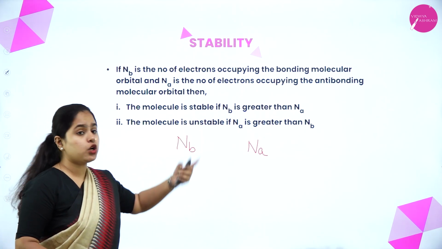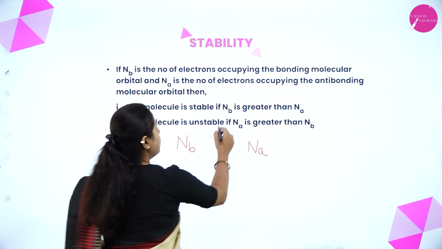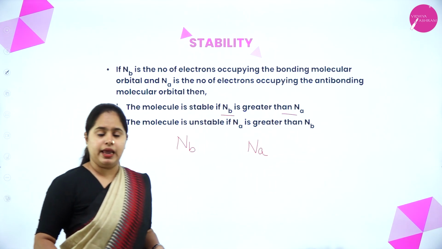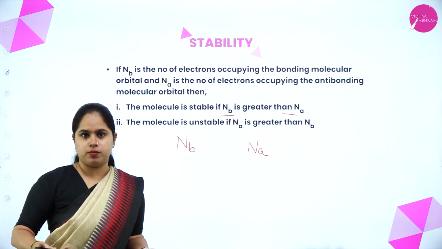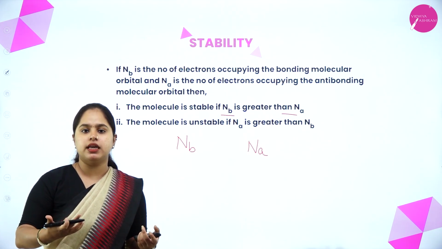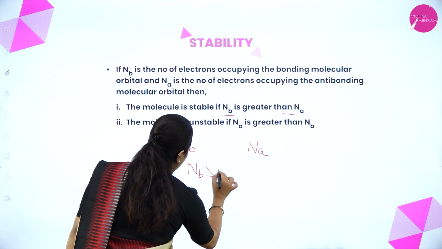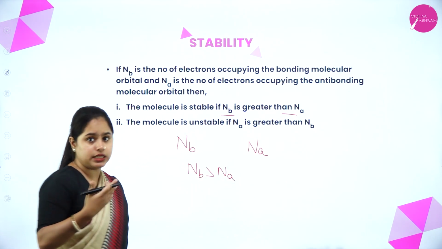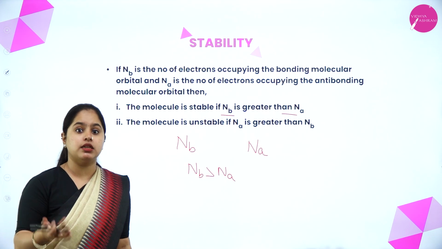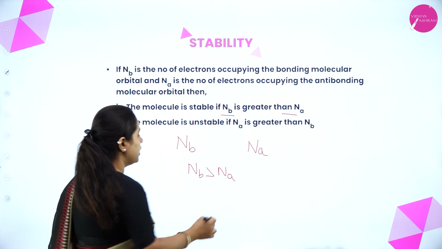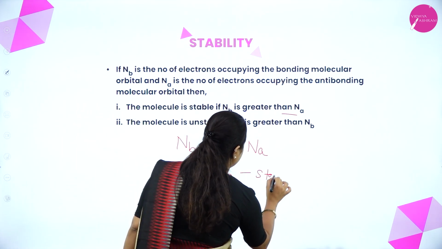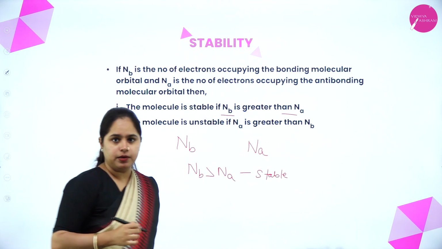That is, if the molecule is stable, then NB will be greater than Na, right? The bonding molecular orbital takes part in the bond formation. So, if the number of electrons present in the bonding molecular orbital is greater than the number of electrons present in the anti-bonding molecular orbital, we can predict that the molecule will be stable, right?